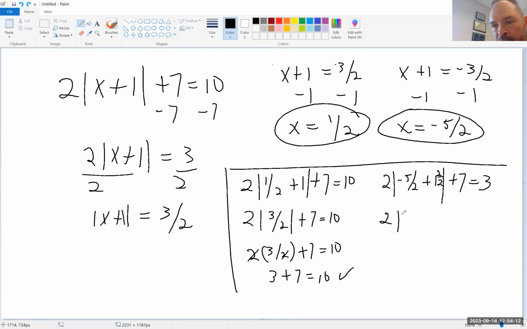So this is negative 3 halves. Before I continue, I want to make sure I make a correction here. This should have been a 10.